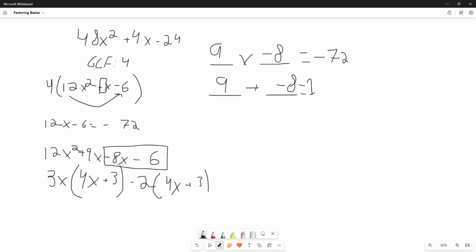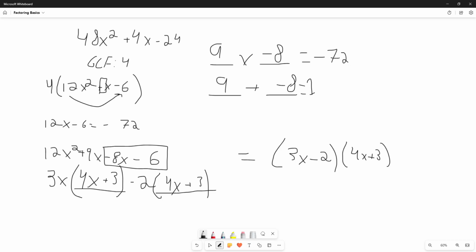Now notice how we got the same terms on both sides. So now we can finish off by saying 3x minus 2 times 4x plus 3. That is our final factored form.